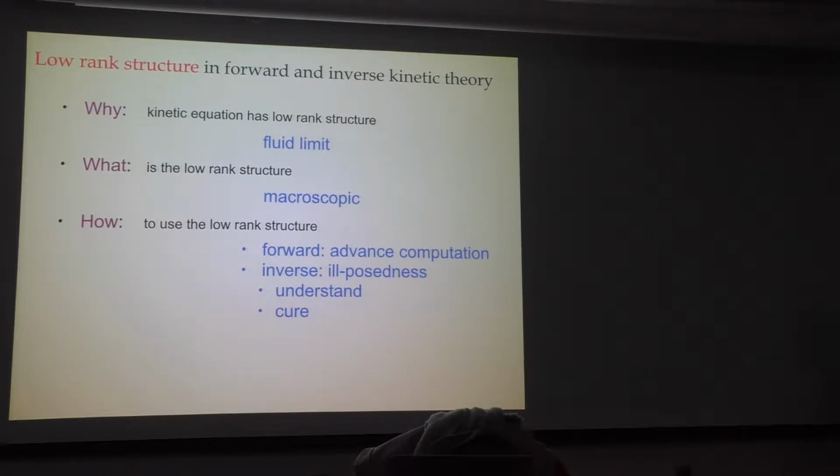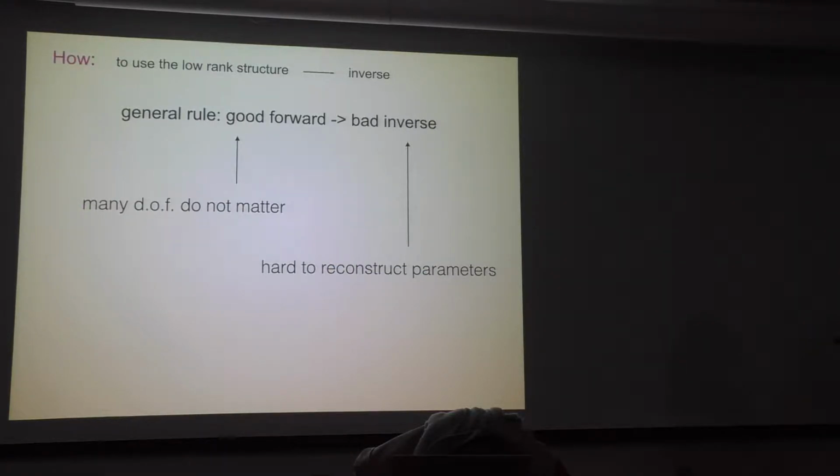Now how do we utilize this low-rank structure? It depends on whether you're in the forward setting or the inverse setting. If you're in the forward setting, you get good news, and in the inverse setting, you get bad news. Let me start with inverse. The rule of thumb is that if the forward problem is a good problem, then the inverse problem is a bad problem.